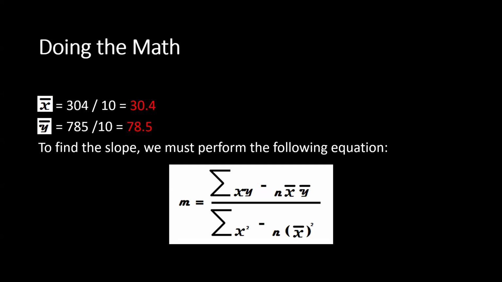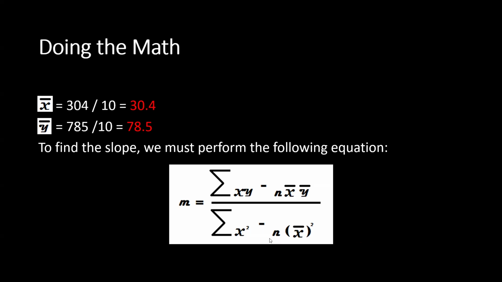Now we have to find the slope. And to find the slope, we have to perform the following equation. In this case, we have sigma xy, which was previously derived. And from that, we're going to subtract n multiplied by x bar multiplied by y bar. And we're going to divide this calculation by the value of sigma x squared, which again was previously derived.